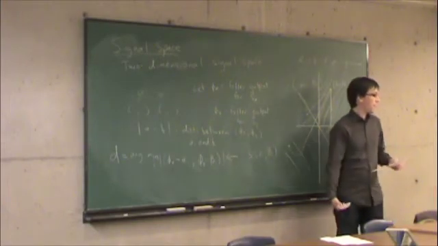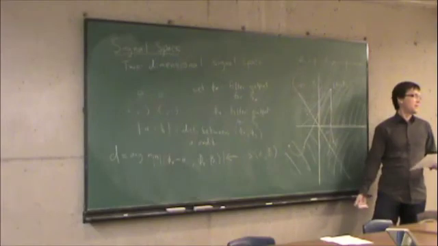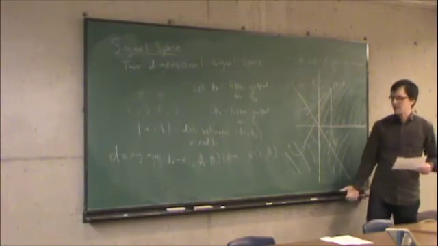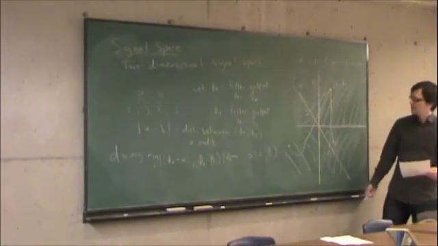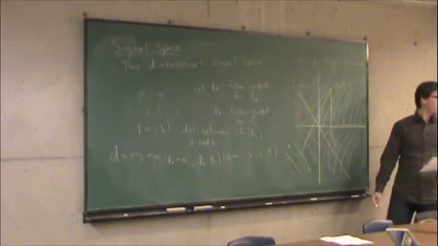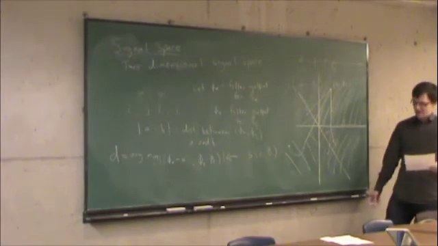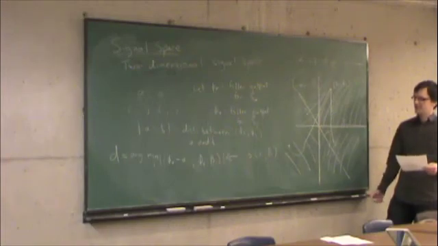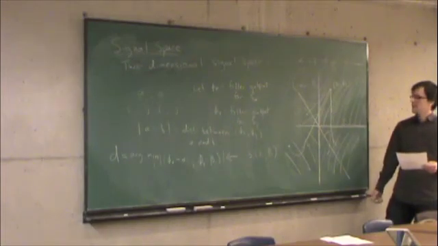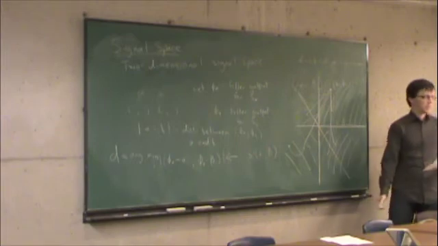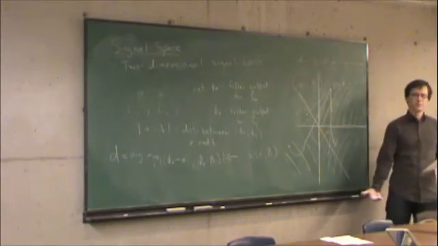Is there a side effect to moving up in signal space, like higher dimension? Complexity is one. You can extend vectors to n spaces, right? So yes, there's a natural reason why we talk about two-dimensional signal space.